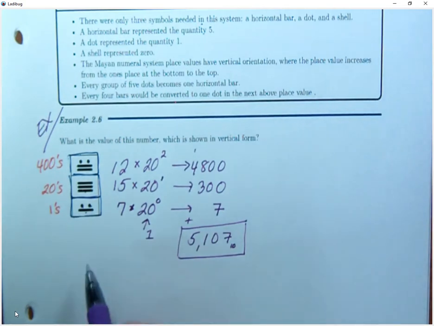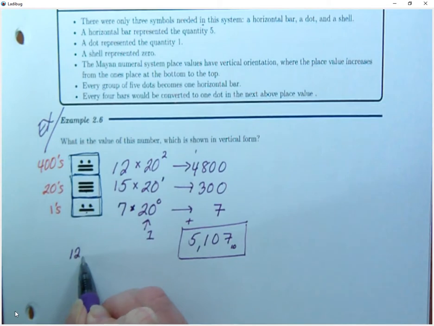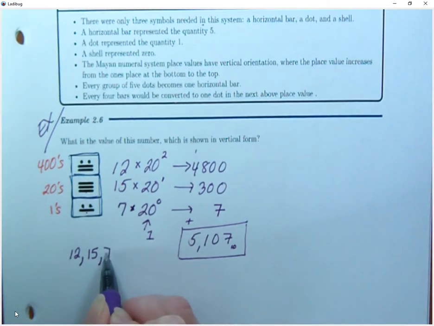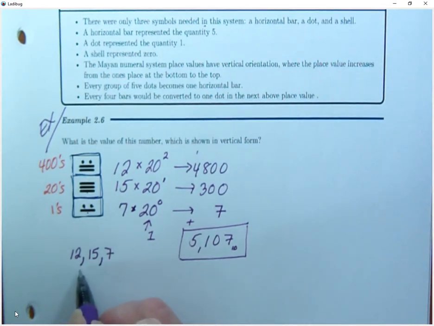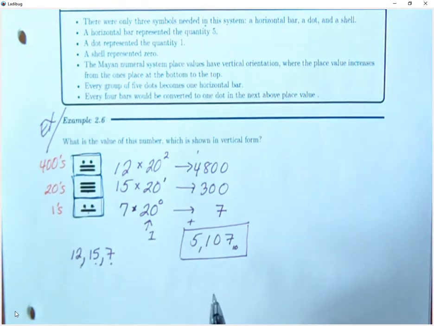If we were to write this number in Mayan, just using commas, we would write the highest place value first, so we have 12, comma, 15, comma, 7, and this would be in Mayan, but just using numbers instead of symbols. This is the actual base 10 conversion, so be careful of that, and when you're doing your homework, pay attention to that.